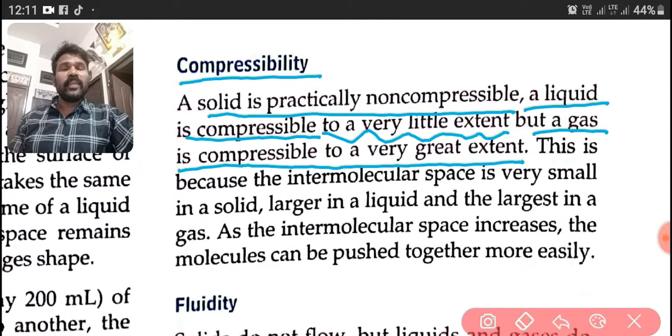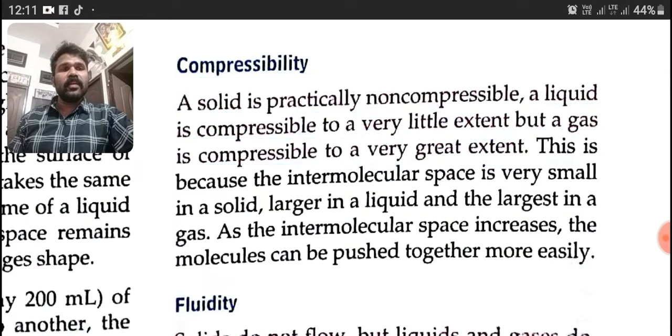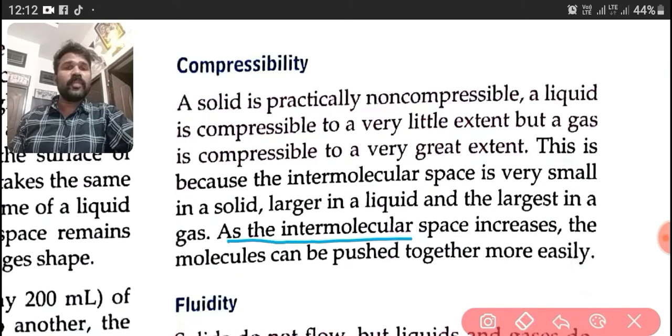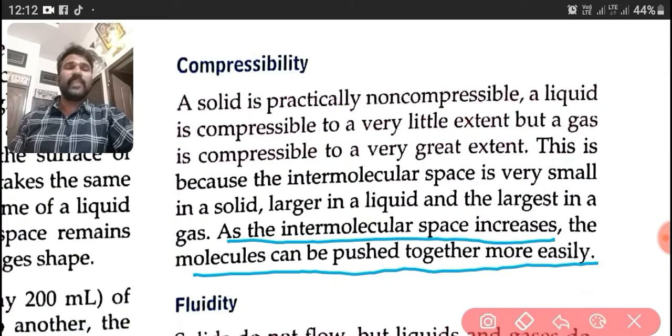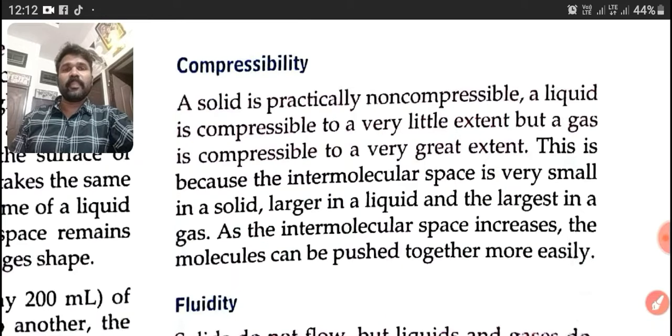But in a liquid, it is larger, and in a gas, it is largest. As the intermolecular space increases, the molecules can be pushed together more easily. Did you understand the point? Compressibility is always related to intermolecular space.